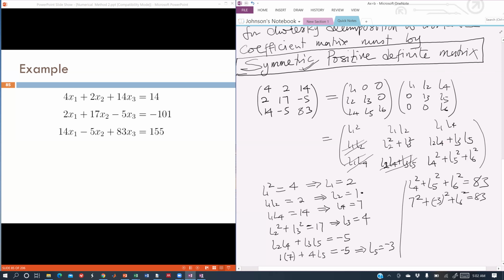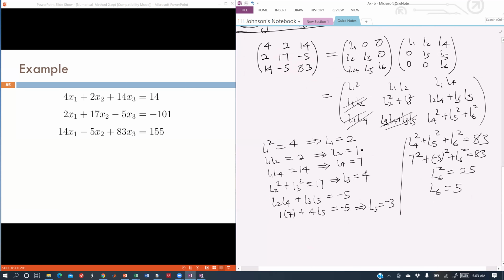Subtracting 58 from 83 will lead us to L6 squared being 25. And so our L6 is equal to 5.